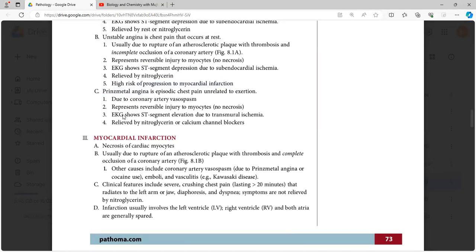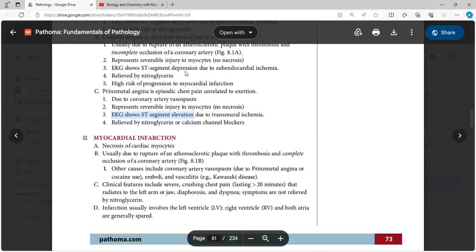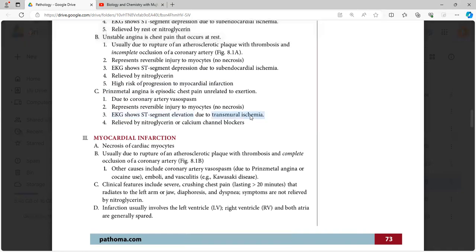Now, the EKG shows ST segment elevation, unlike the other two forms which we studied above. The other differentiating factor is that it has transmural ischemia. Transmural ischemia means that all three layers of the heart wall are affected.